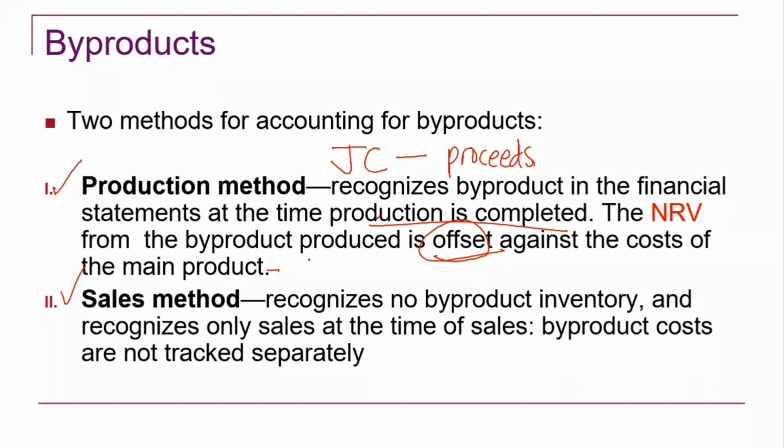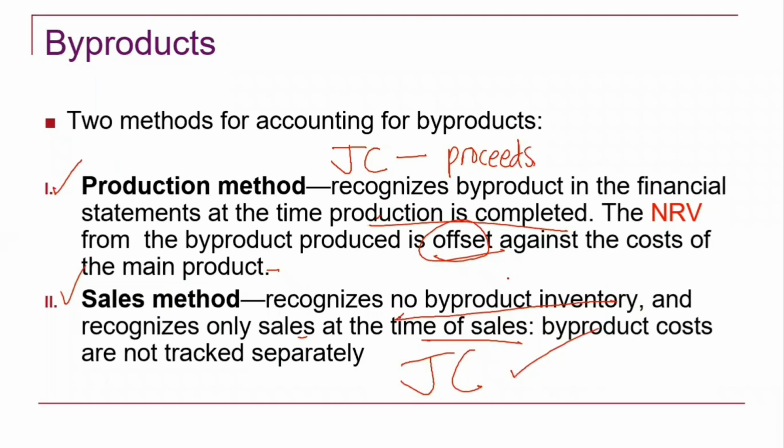Pero kapag sales method po tayo, we recognize no byproduct inventory, but instead, we recognize only sales at the time of sales. So, ibig sabihin, kung kailan lang mabenta, saka lang po natin siya i-recognize. So, ibig sabihin lang po nun, yung joint cost natin will just be the same.